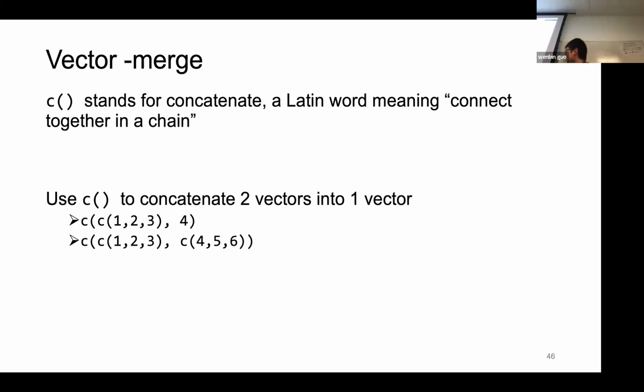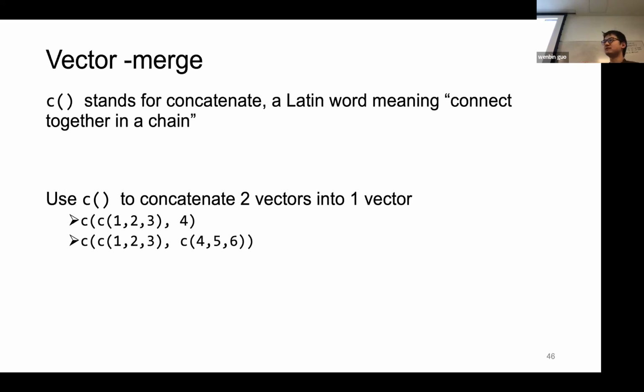And if you have 2 vectors, how should you combine them into just one vector? You can use c, which we saw before, to create a new vector. c stands for concatenate, and in natural words, it means collect together with a chain. So I think it represents what we want to do, right?